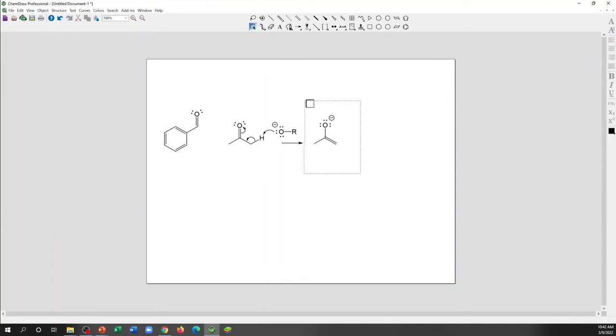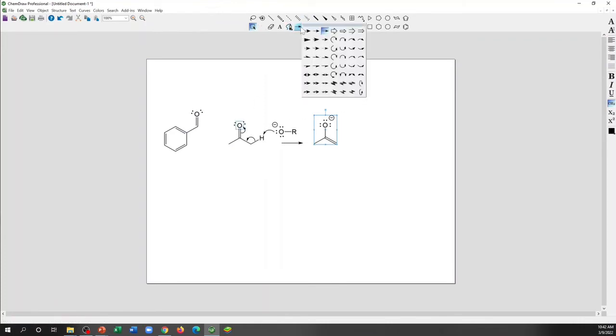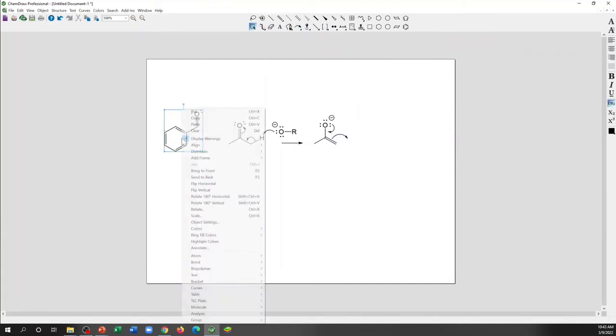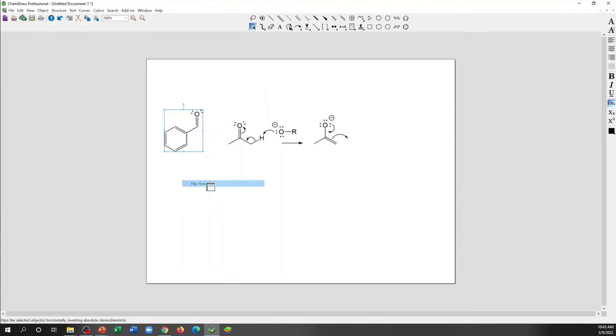Okay, so in the next step the acetone enolate is going to unload its electrons. We just drop the electrons right back down to reform our carbonyl bond, and now through the alpha carbon, this thing is going to reach out as a nucleophile. This is where it's going to react with the benzaldehyde. So let's flip this thing horizontally, put it right there.